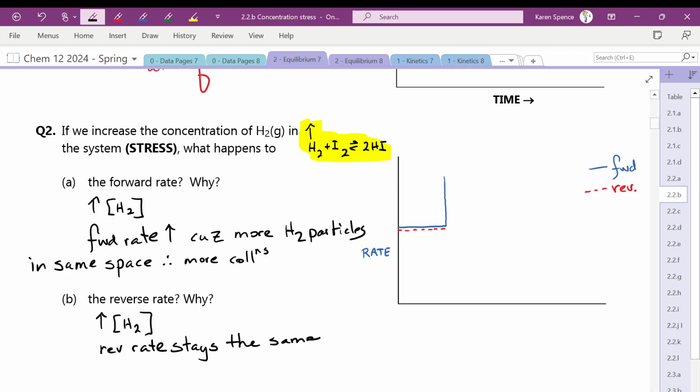The concentration of HI has stayed the same. It has not changed. I'll put yet, because it will change, but it has not changed yet. Therefore, same number of collisions.